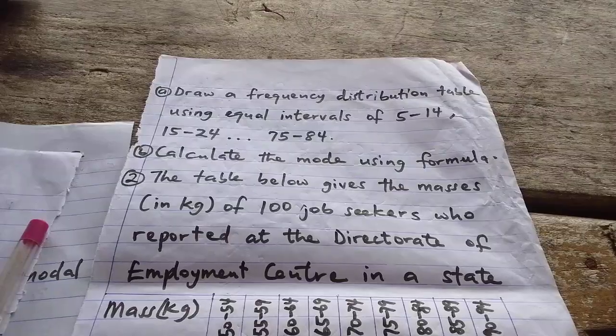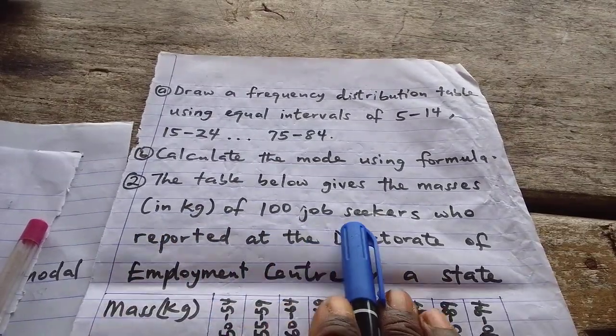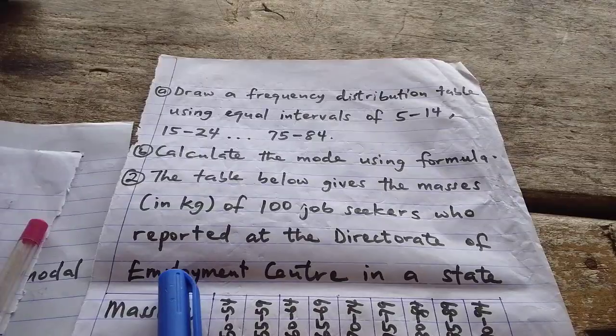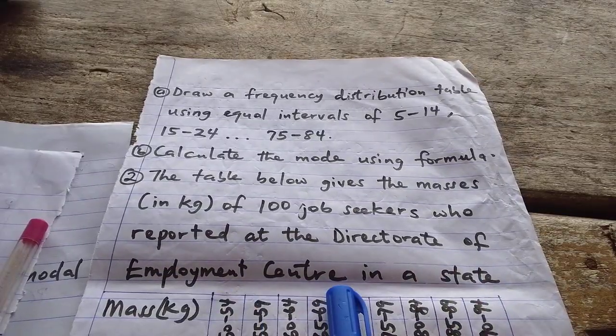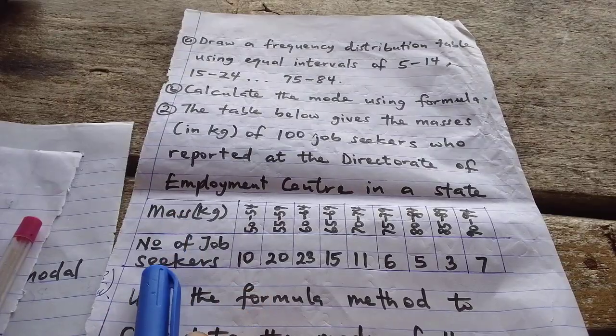So for the second one, the table below gives the masses in kilograms of 100 job seekers who reported at the Directorate of Employment Center in a state. So this is their masses.